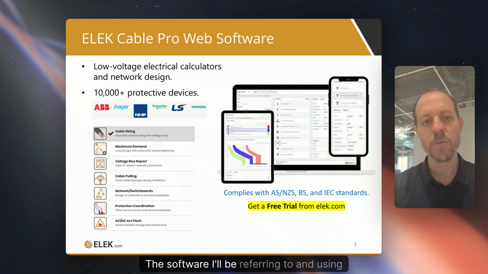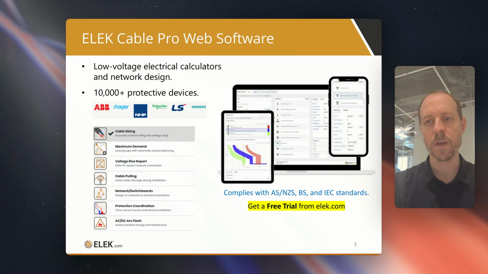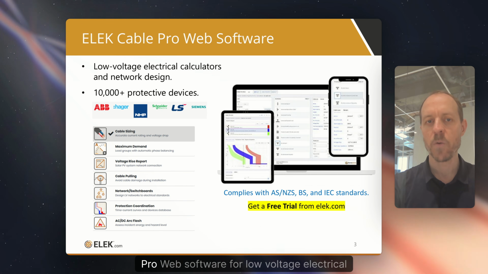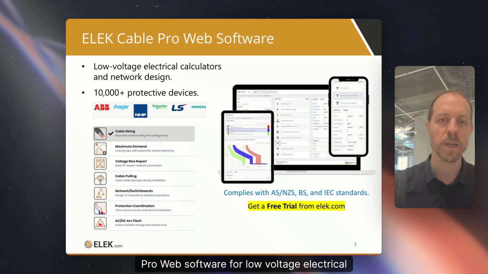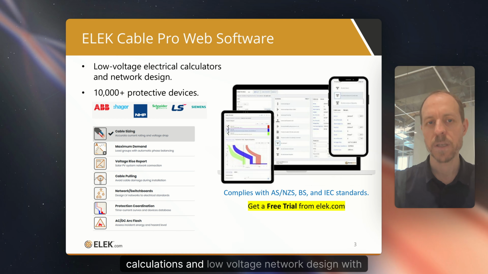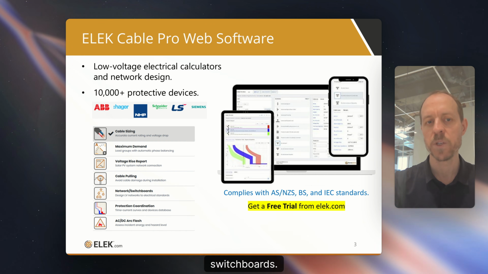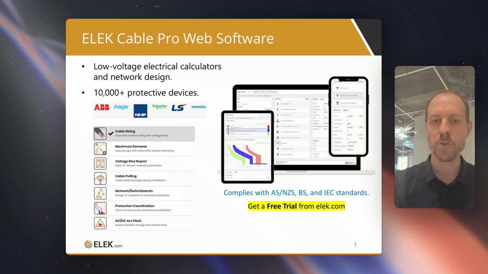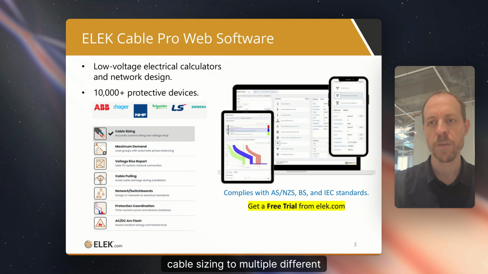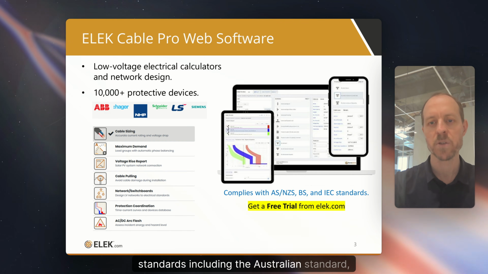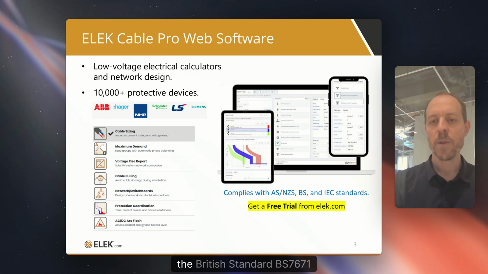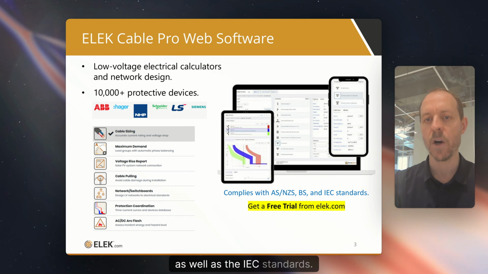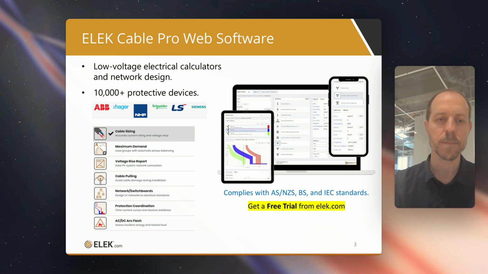The software I'll be referring to and using within this technical presentation is ELEK Cable Pro web software for low voltage electrical calculations and low voltage network design with switchboards. That software includes cable sizing to multiple different standards, including the Australian standard, New Zealand, the British standard BS7671, as well as the IEC standards.